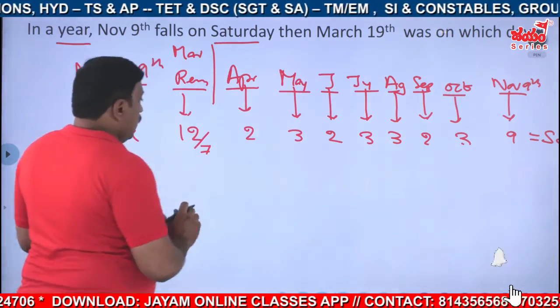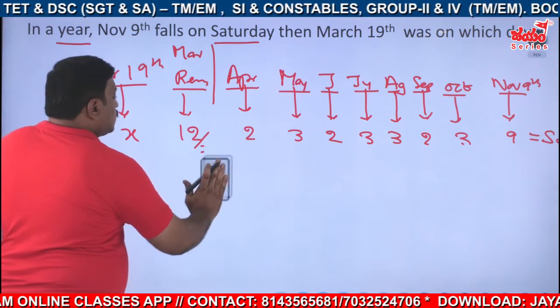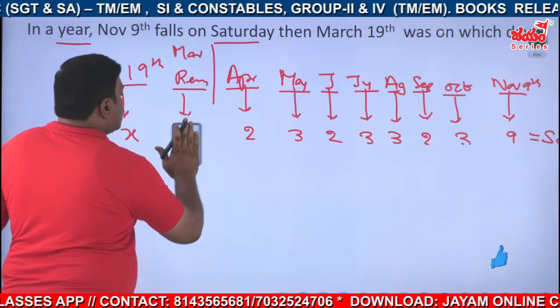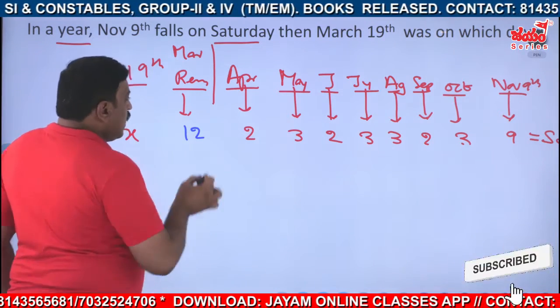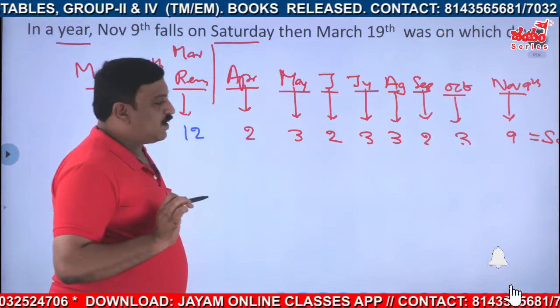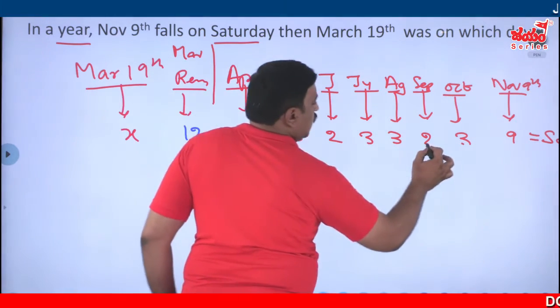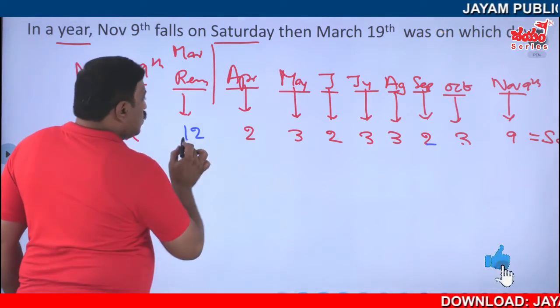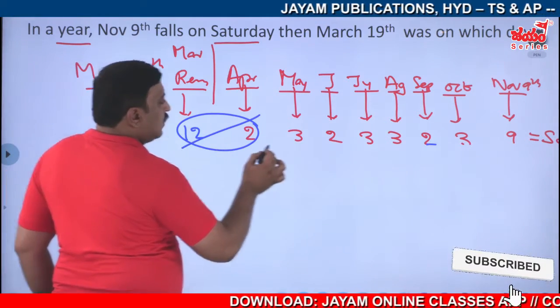Now, you see, this is 12, is it not? See, wherever I get 7, I will make that one as zero, right? So, here, let us start. 12 plus 2, 14, cancel.